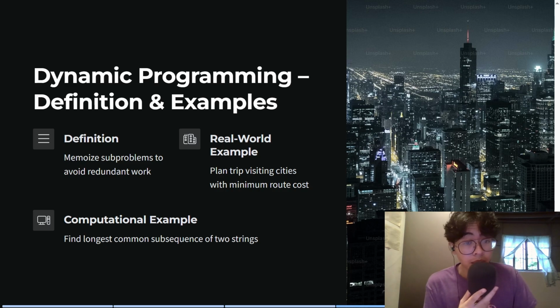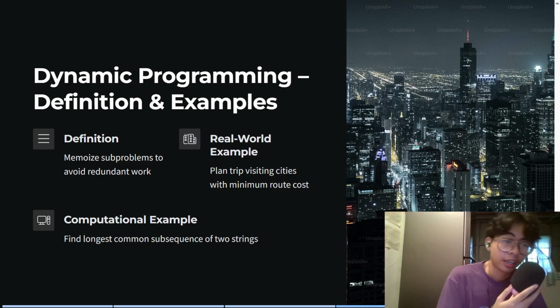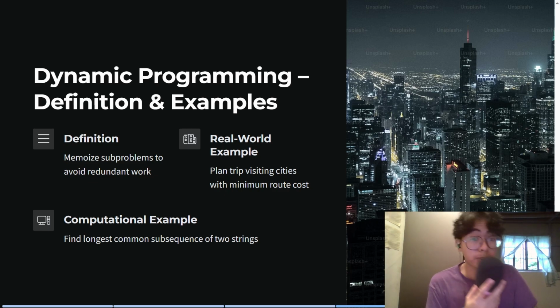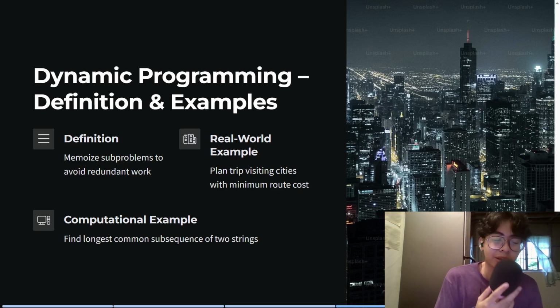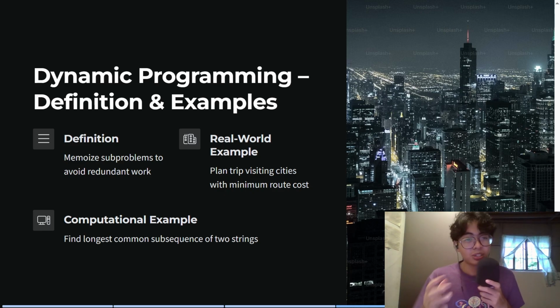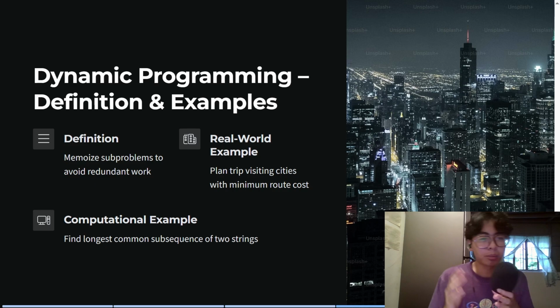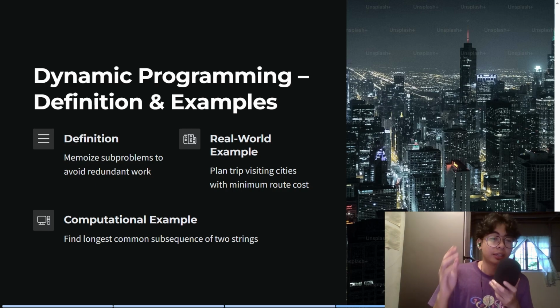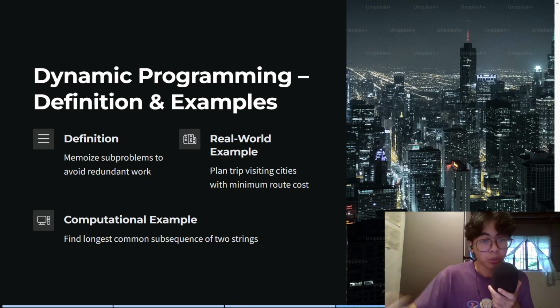But there's one key difference: it remembers the solutions to the subproblems, so it doesn't solve the same one twice. It's called memoization or tabulation. So basically it's the same as divide and conquer, but it remembers the steps it did on the subproblem, so it doesn't need to solve the same problem twice.